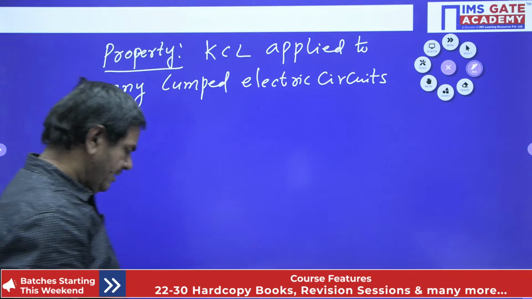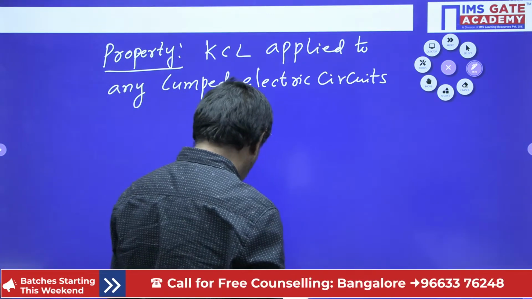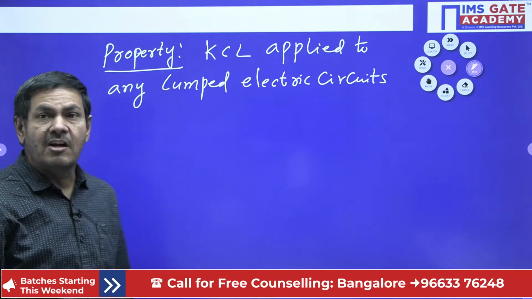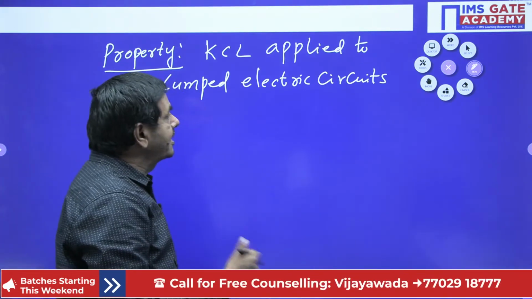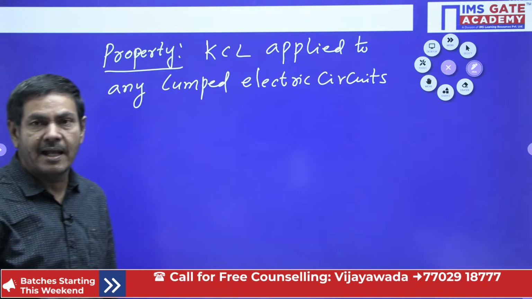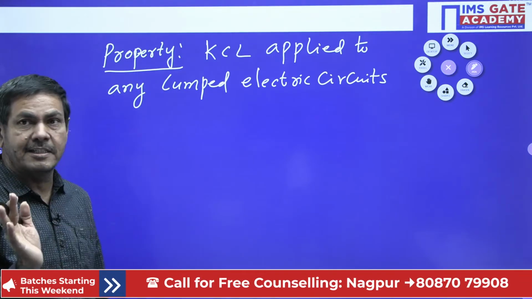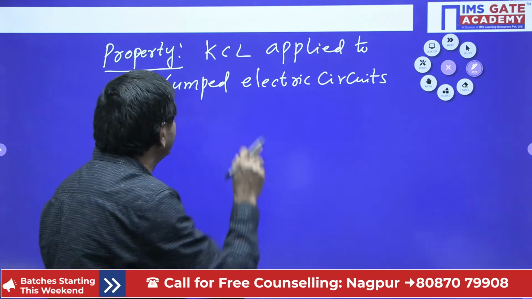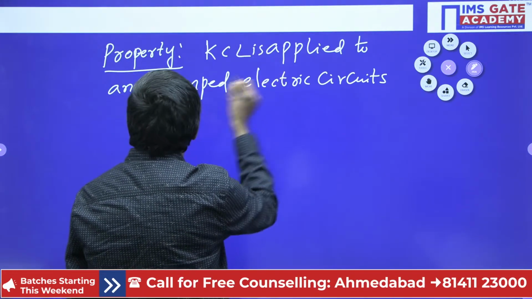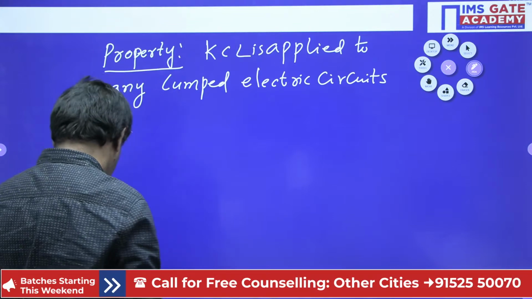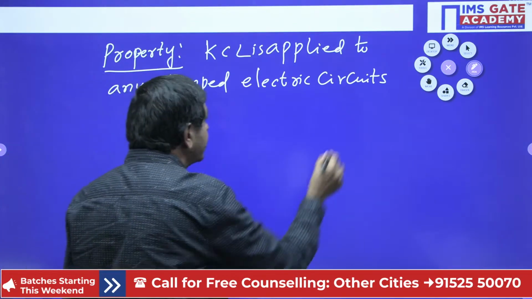Understand that now. And also one more point: it does not matter whatever the elements are, whether they are linear or non-linear, or passive or active. KCL is applicable only. That's why we can also write the point now: KCL is applied to any lumped electric circuits. It does not matter.